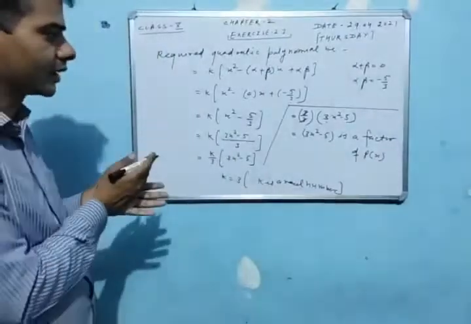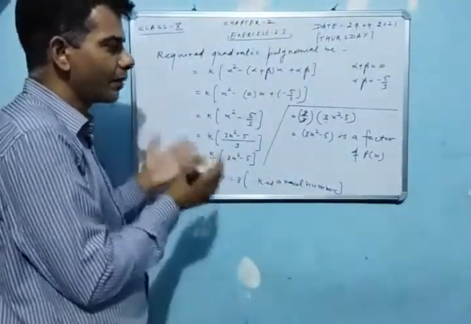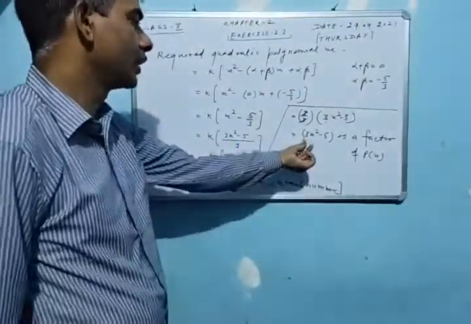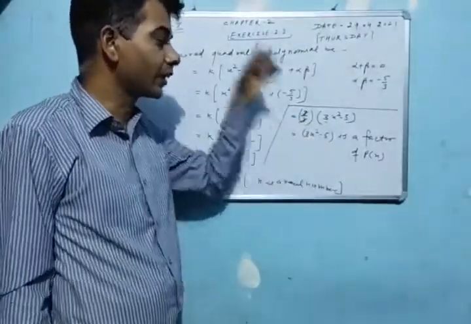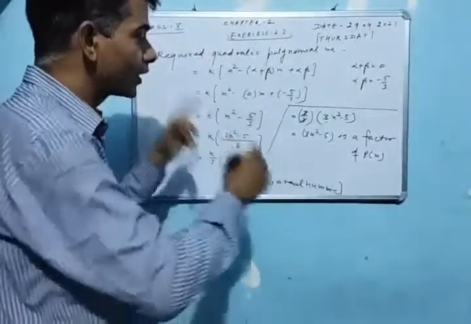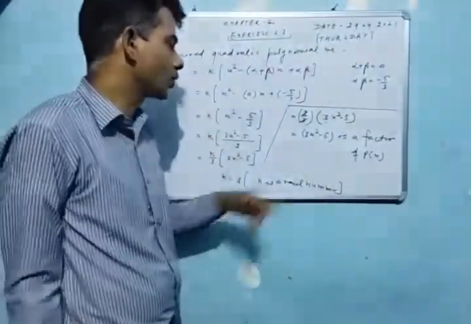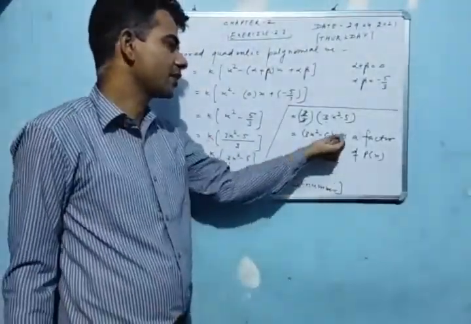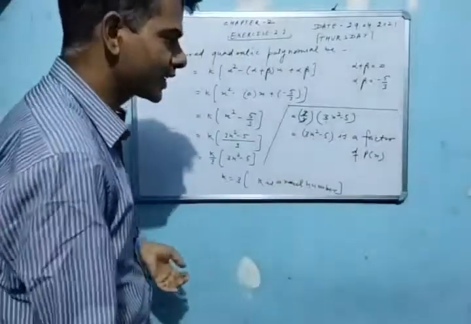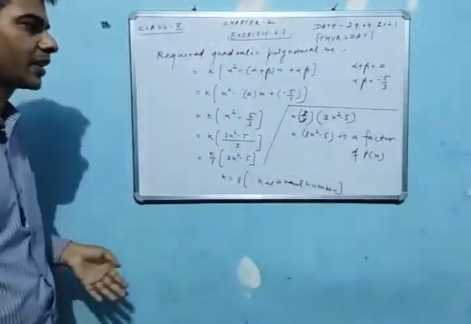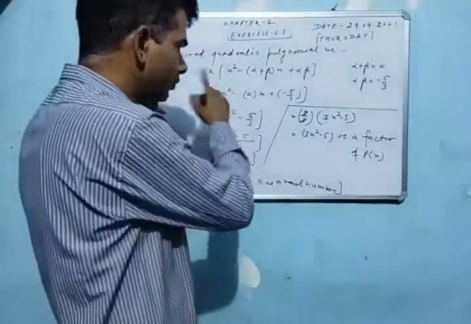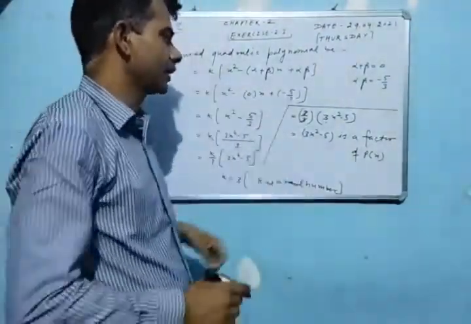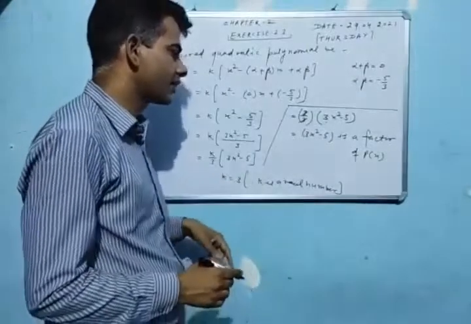If we divide p of x by 3x square minus 5, the remainder will be 100% 0, because 3x square minus 5 is a factor of p of x. Now students, we will divide p of x by 3x square minus 5.